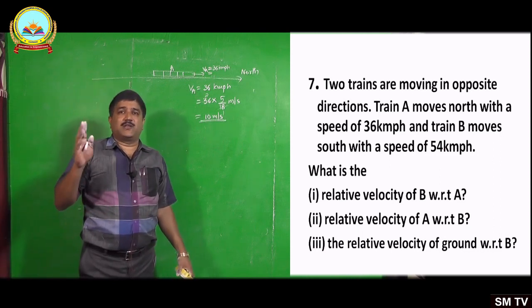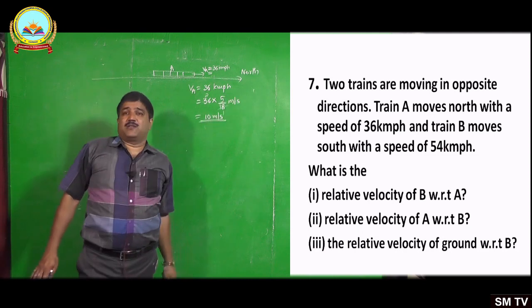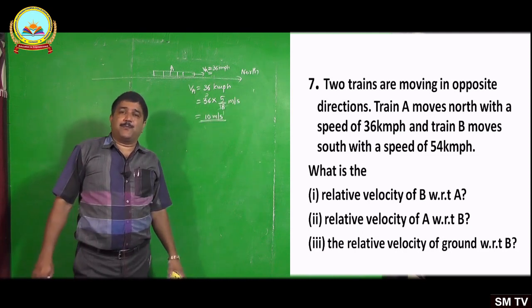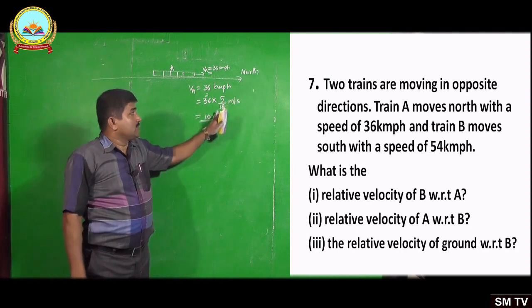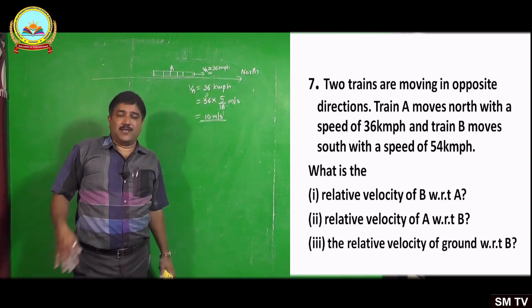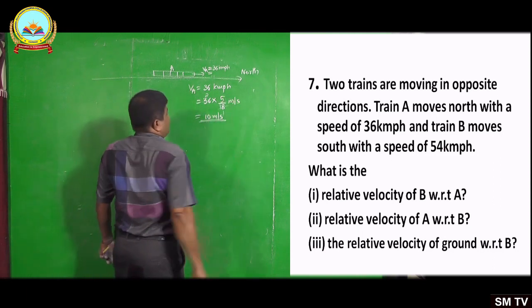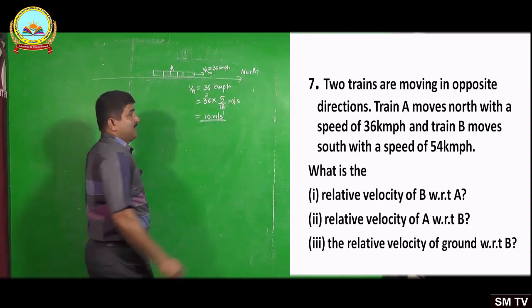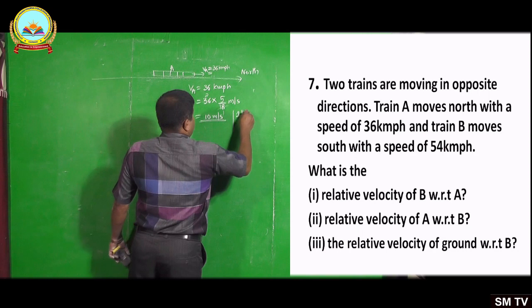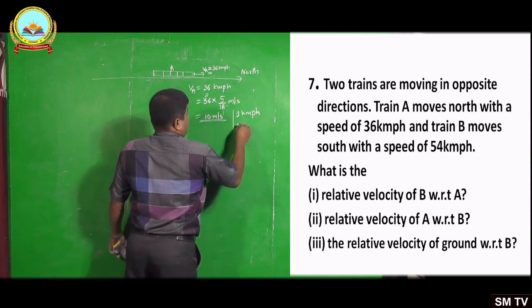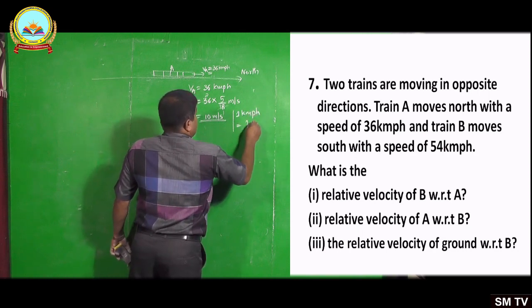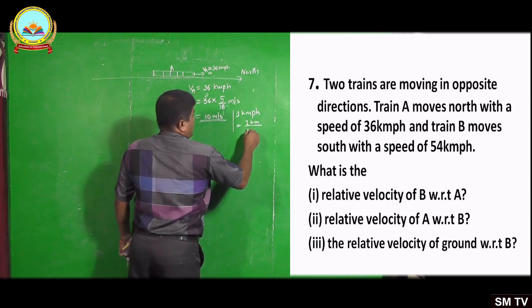It is shown in the unit called kilometer per hour, kmph. But we need the speed in meter per second, SI units, so we have to multiply by 5 by 18. How this comes, I discussed in a previous session: 1 kmph converted into meter per second, 1 kilometer per hour, means divided by hour.